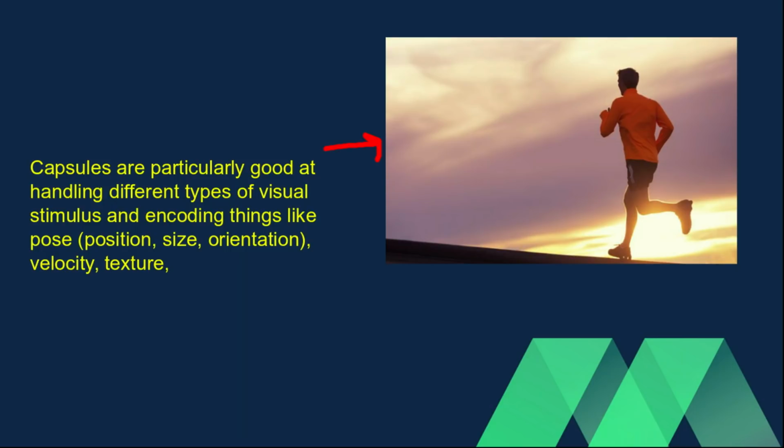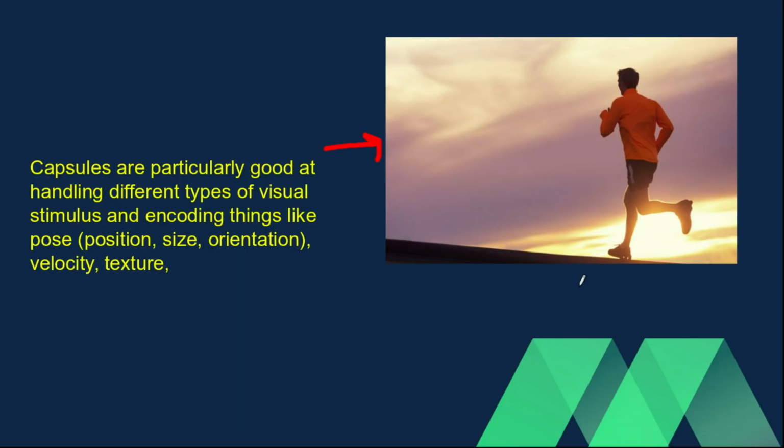So there's a difference in the state of motion of the person. This person over here is running, and what traditional neural networks are going to do is just output a probability that the person is actually present in the picture.